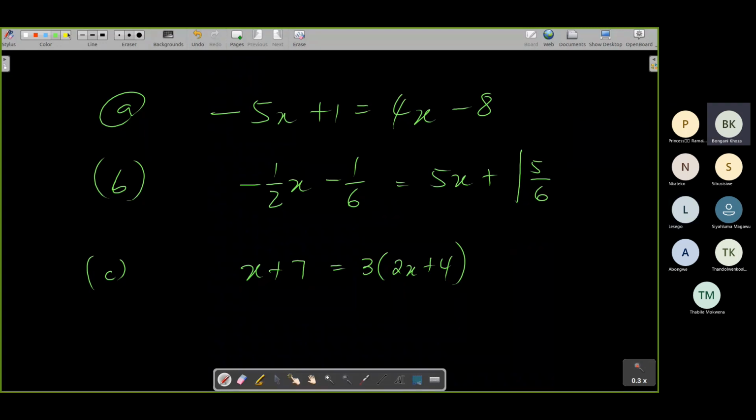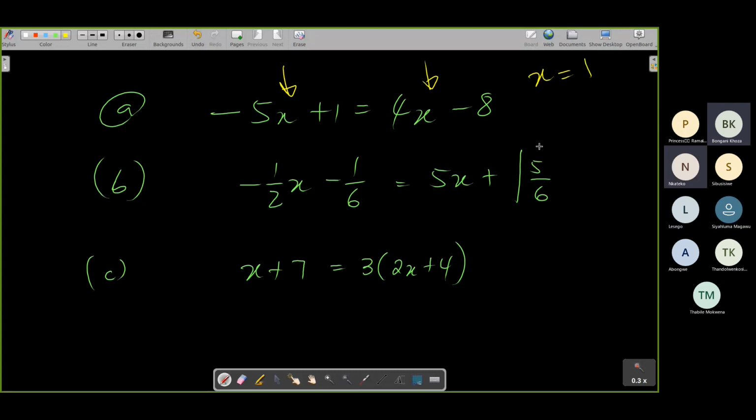So the answers we got for A, what did you get for x here? The final answer. What's the number that we have to plug in here and here such that this side and that side are equal? What answer did we get? I got one. I also got one.